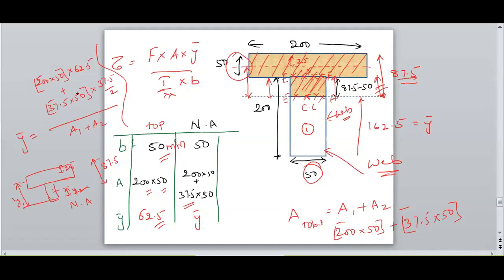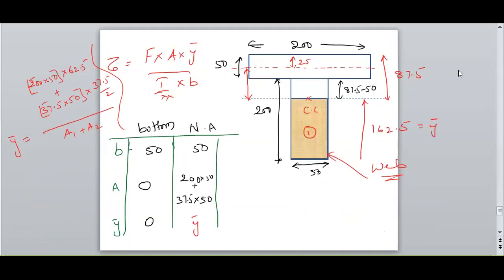Therefore, substituting in my equation, Y bar is equal to A1 Y1 plus A2 Y2 divided by A1 plus A2. Finding the Y bar value and substituting in my equation, I can find the stress at the neutral layer.